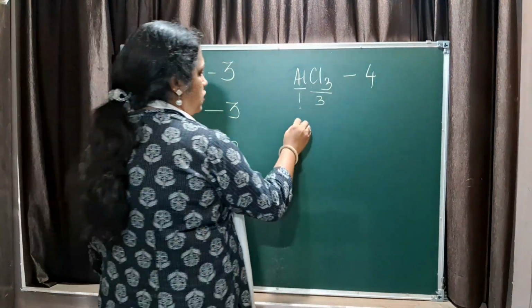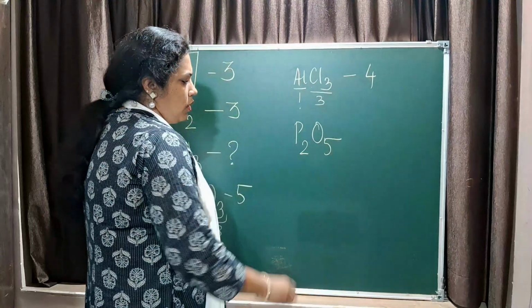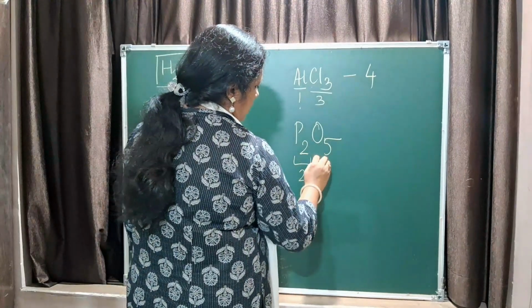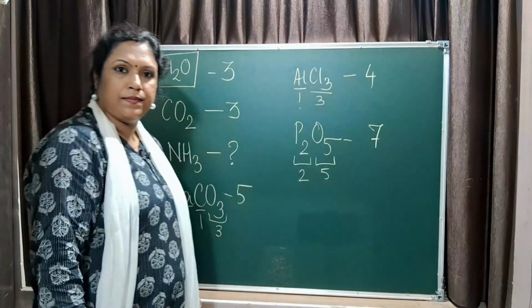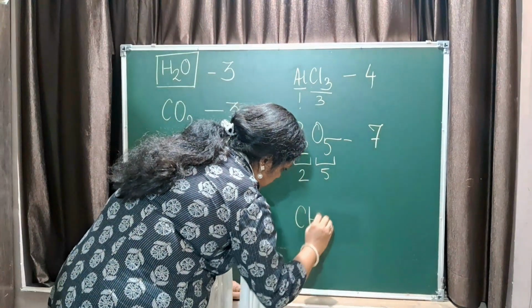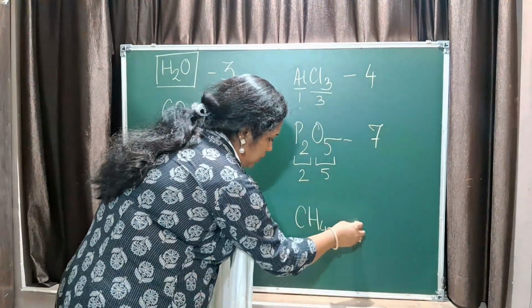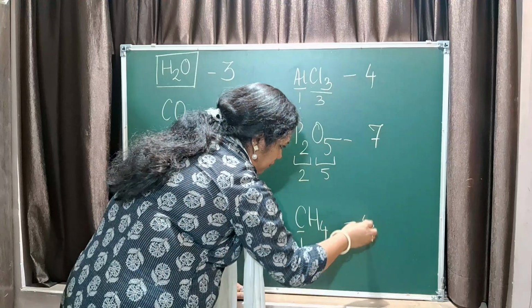Phosphorus pentaoxide: 2 of phosphorus and 5 of oxygen, that is 7. Last one, CH4, that is methane. So 1 carbon and 4 hydrogen, total 5.